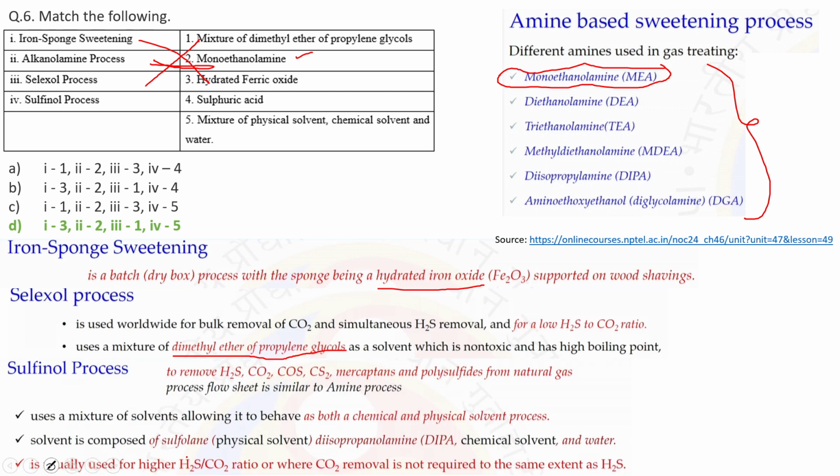It's usually used for a higher H2S to CO2 ratio, or where CO2 removal is not required to the same extent as H2S. So the sulfinol process requires both physical and chemical solvents. Hence, we can match it with option 5. So from all this matching, we can say option D is the correct one.